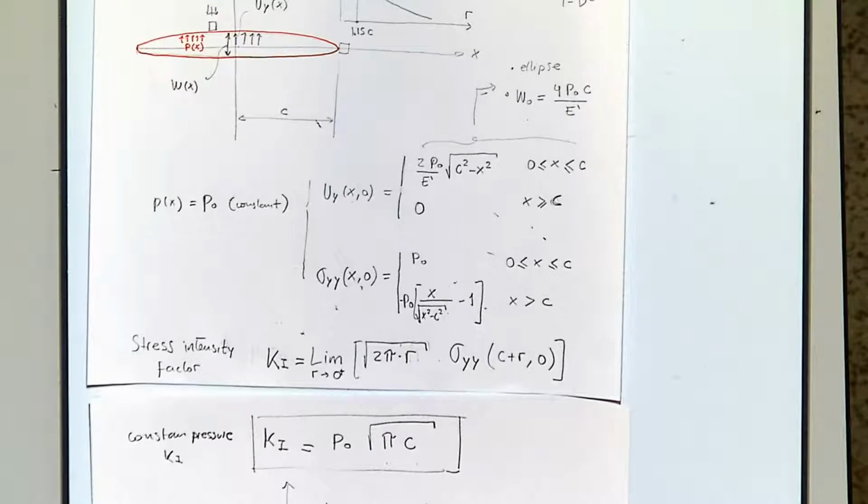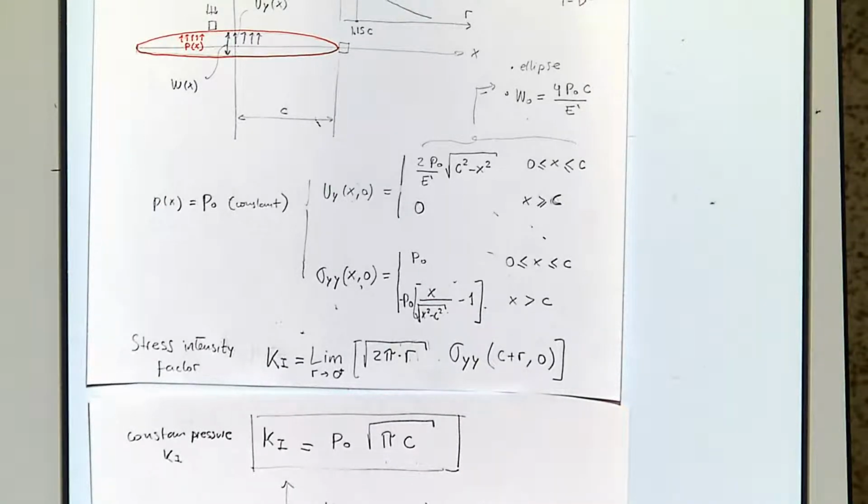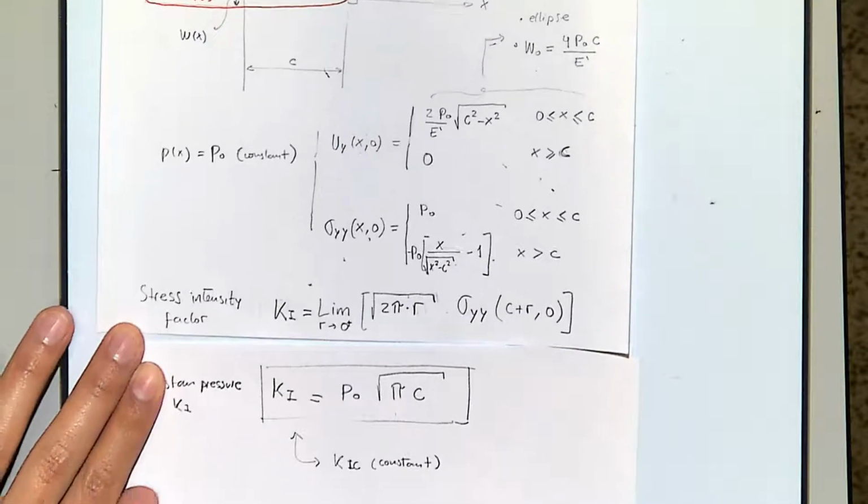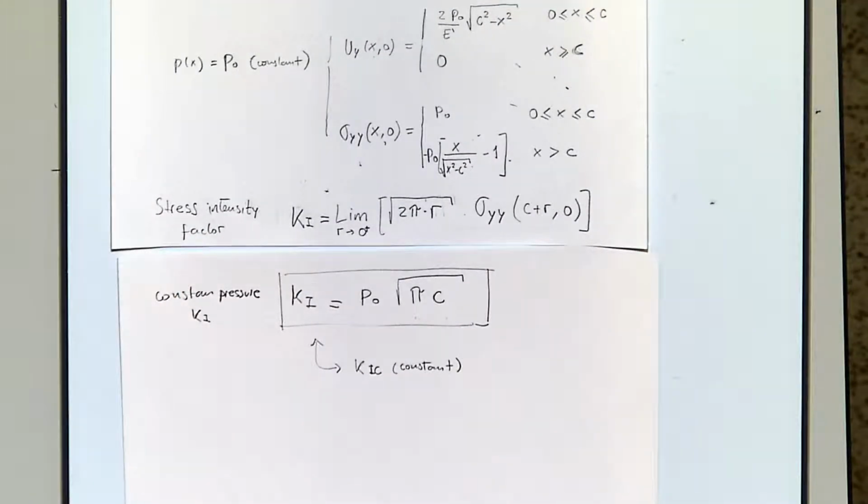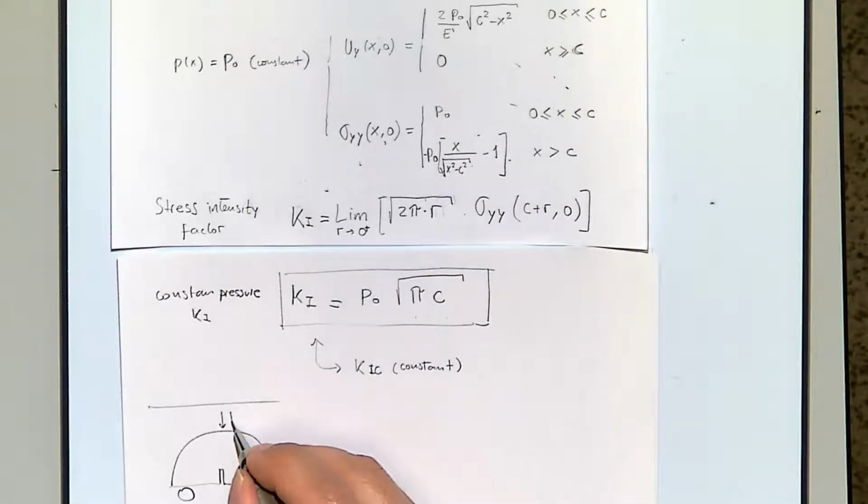Okay, so the same way that we were able to calculate a stress intensity factor for this constant pressure linear crack problem, we can also calculate that for the experiment that we ran in class, right? Which was the three-point bending test, in which you apply a pressure, well, actually you apply a force here.